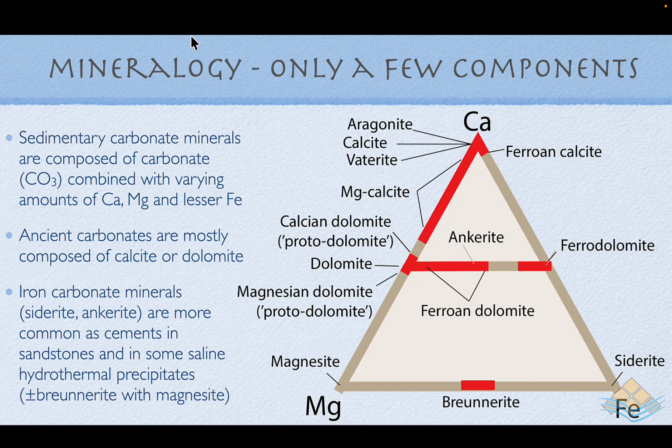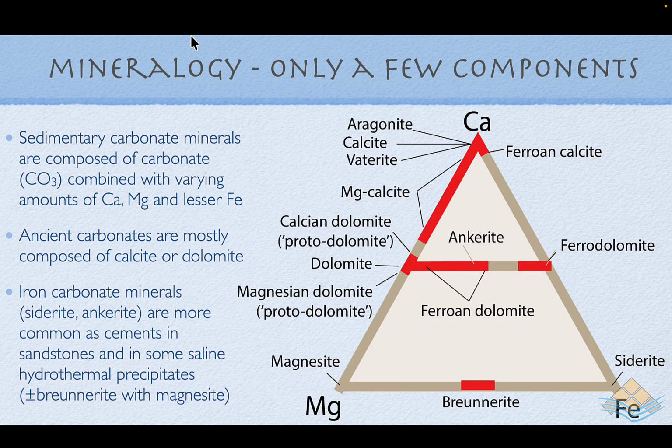Then we have pure magnesium carbonate, magnesite, and we have, if we include iron in the situation, pure iron carbonate, or we can have a range of iron to calcium to magnesium carbonates, such as ferroan dolomite, ferrodolomite, or even ankerite in that 1-to-1 ratio, iron to calcium to magnesium.